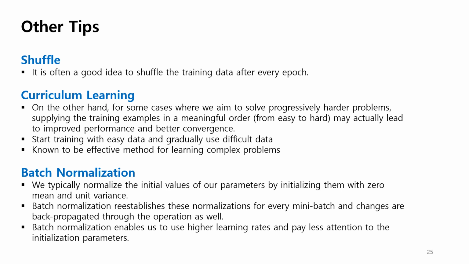Okay, these are some other tips you can use in training deep learning. The first one is shuffle. So when you train a network, it is better to shuffle the entire data. Okay, so that's the first tip of training neural nets. The second thing is curriculum learning. Actually, curriculum learning is the opposite of shuffle.